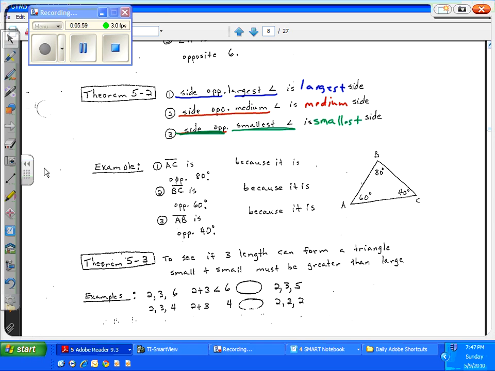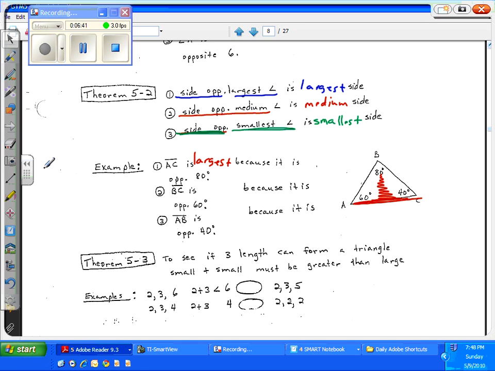Again, it may be difficult in a diagram to tell visually which one is the smallest, and I probably should have made those 60.1 and 60 and 59.9, just a tenth of a degree apart. Be a little less obvious. But anyway, just looking at the numbers there, we can say AC is opposite the largest angle, so AC must be the largest.